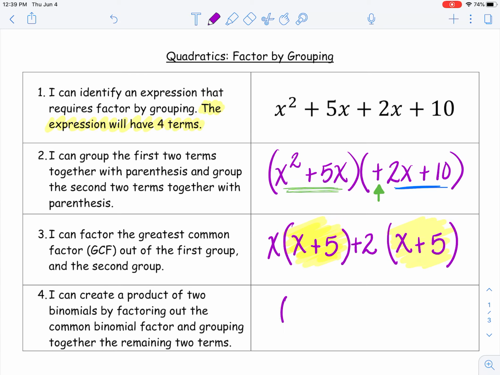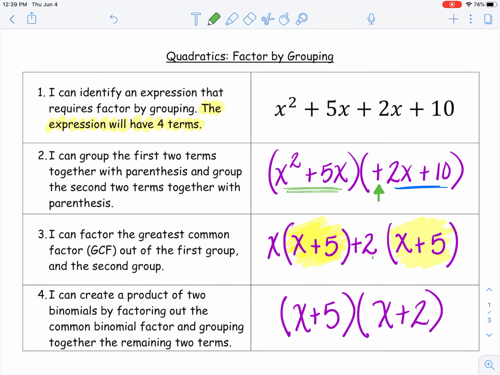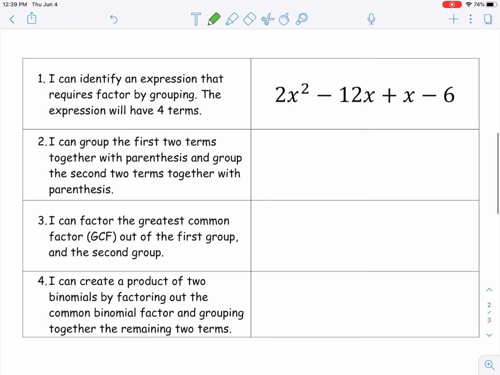So we're going to factor out the common binomial, which is x plus 5. And then we're going to bring down what's left into the second binomial. Okay. And you're done. x plus 5 times x plus 2 will give you that quadratic that you have listed above. All right, let's take a look at another example.